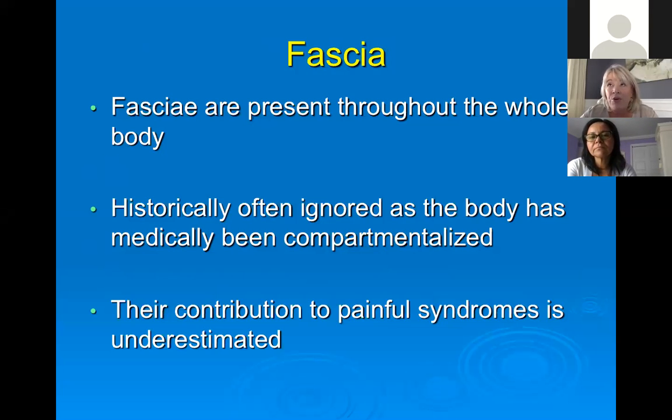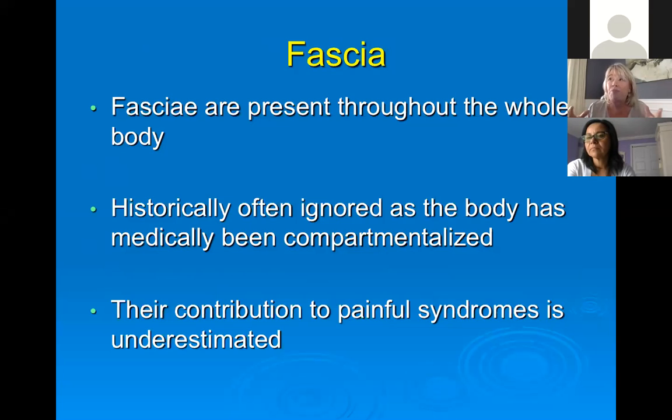Historically, they've been ignored. We see things as being compartmentalized, but in reality, everything's connected. And it's not just the muscular or musculoskeletal system that's connected, it's really the fascia around muscles, joints, yes, but also nerves, organs, and the vascular system.